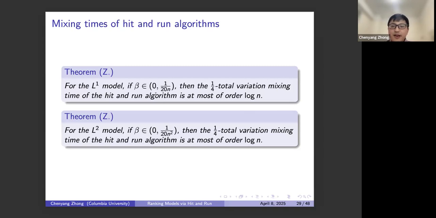Roughly speaking, if beta is between 0 and a constant over n, then the total variation mixing time of the algorithm is upper bounded by log n. So as long as we run the algorithm for order log n steps, we already mix pretty well. And an analog holds for the L2 model with C over n replaced by C over n squared. And in this case, we also have a log n mixing time upper bound.